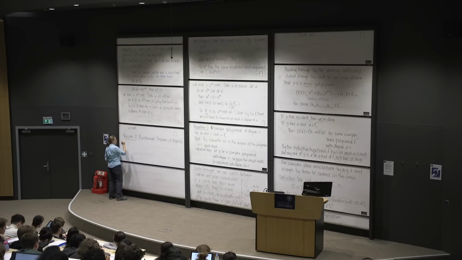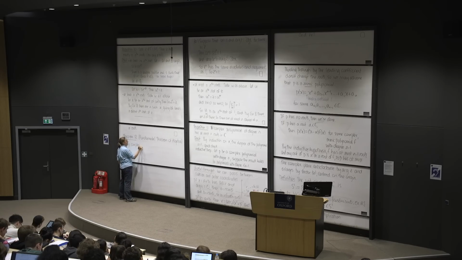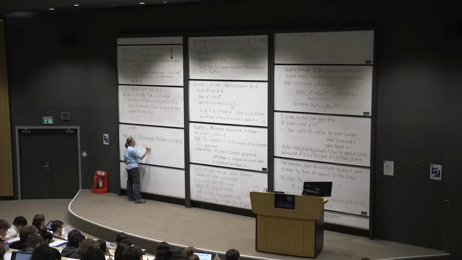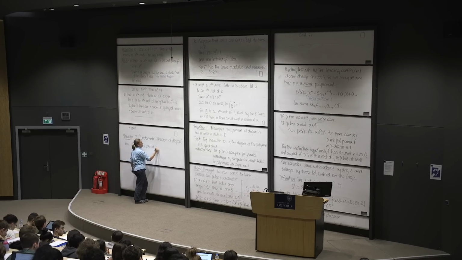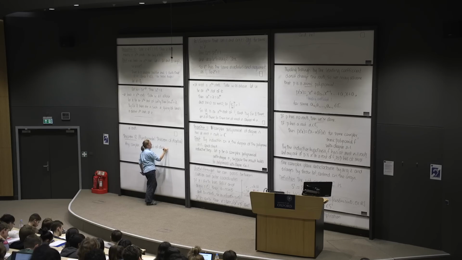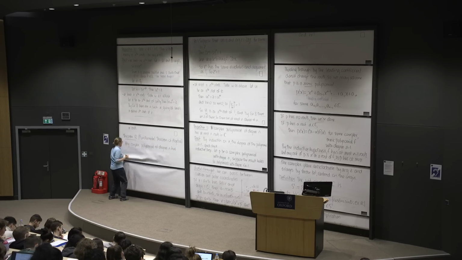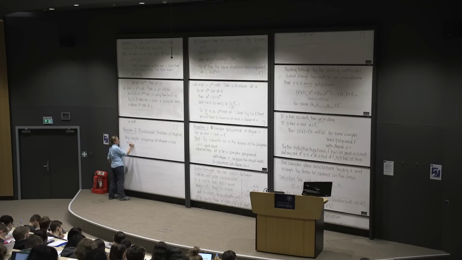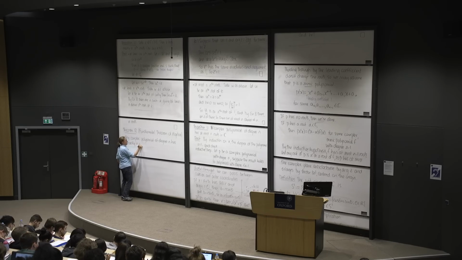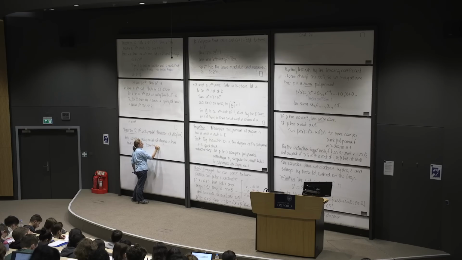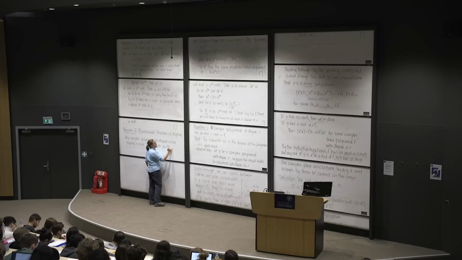And this says any complex polynomial of degree n has exactly n roots counted with multiplicity. So repeated roots, you have to count the appropriate number of times, which, when you think about it, is a relatively natural thing to do.